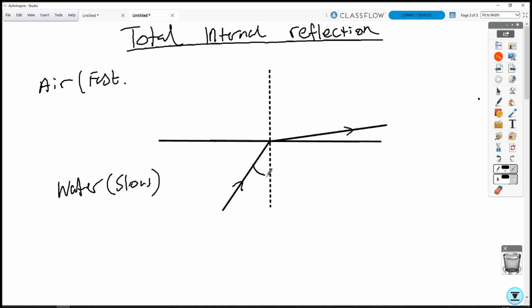So here we've got some angle of incidence, and over here we've got some angle of refraction. And this angle of refraction is almost perpendicular, it's almost 90 degrees.